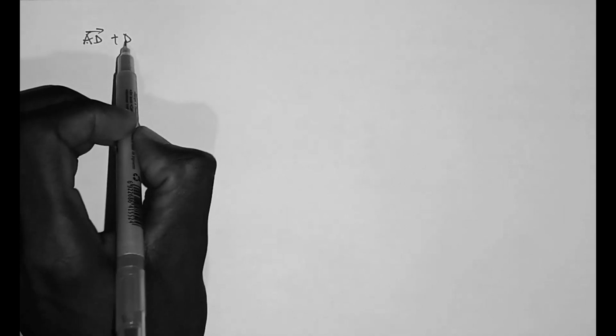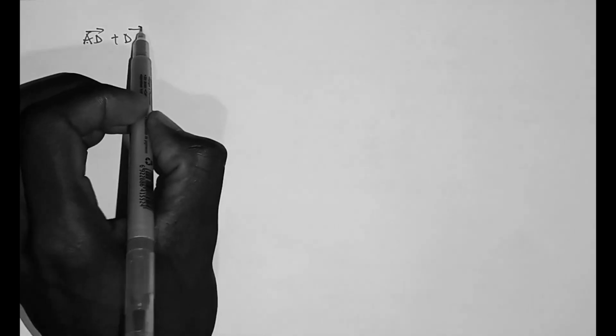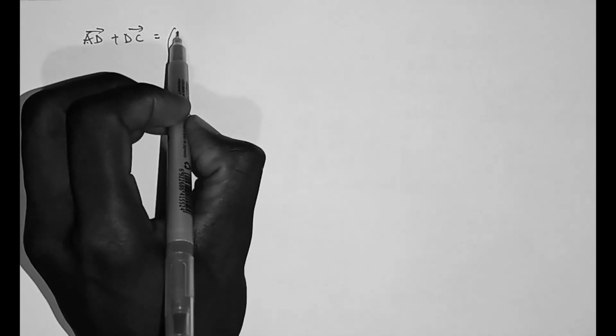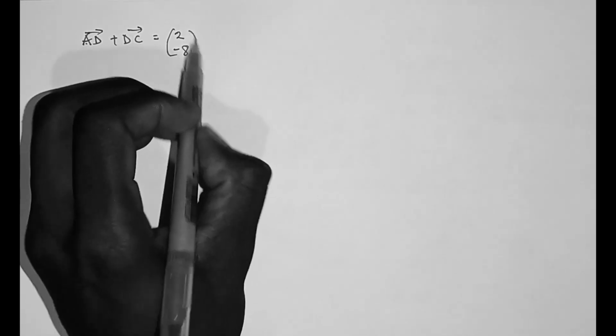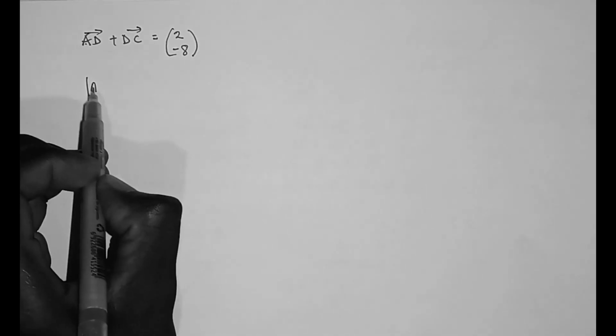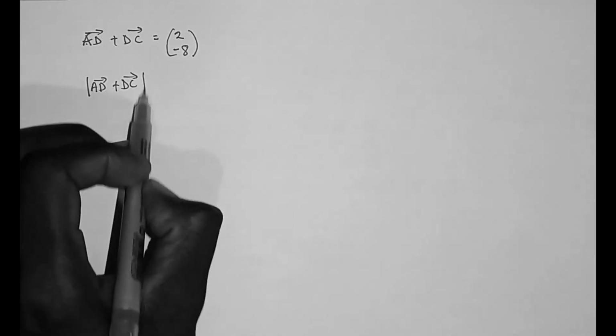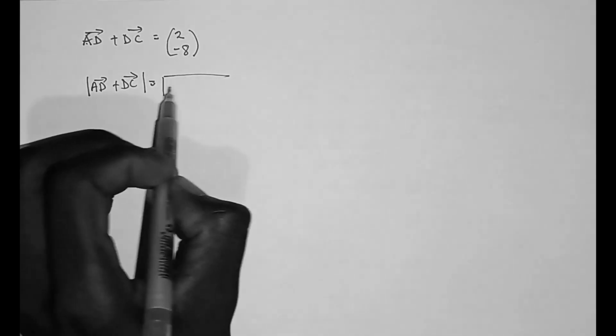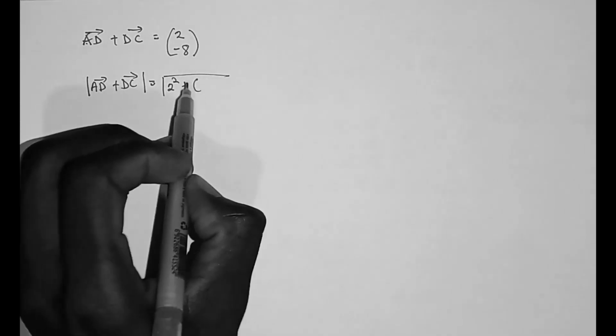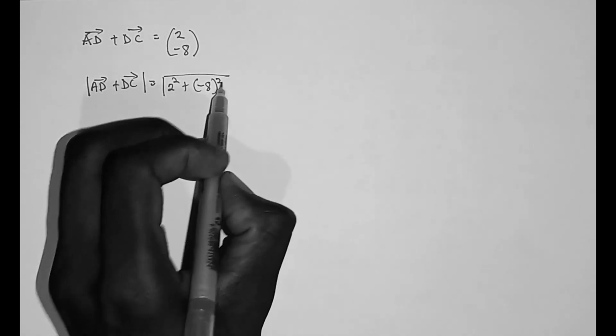And then vector AD plus vector DC, we got as 2 and minus 8. What is the magnitude of vector AD plus vector DC? It's equal to the square root of 2 squared plus minus 8 squared.